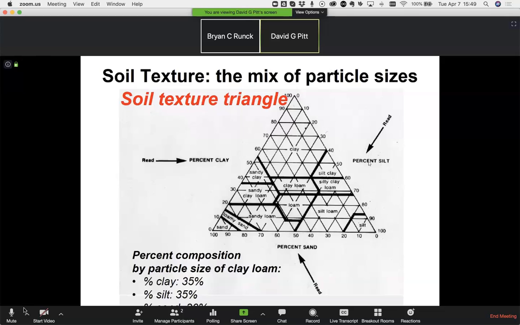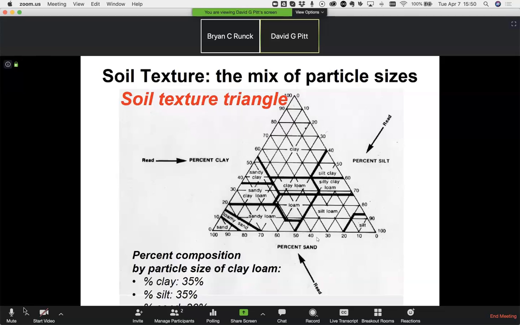Secondly, it's the percent of particle size that falls into the silt designation, again from 0 to 100%. And thirdly, it's the percent of the particles that fall into the sand classification, above 0.05 millimeters. For any given soil sample, then, we can characterize what percentage of the soil sample contains clay from 0 to 100, what percent contains silt from 0 to 100, and what percent contains sand.